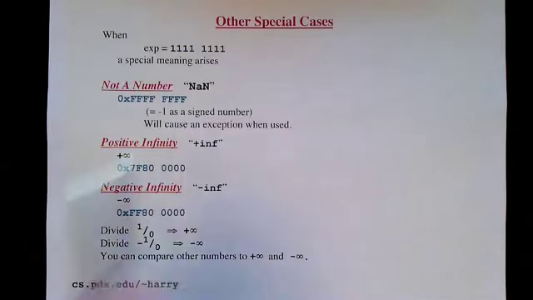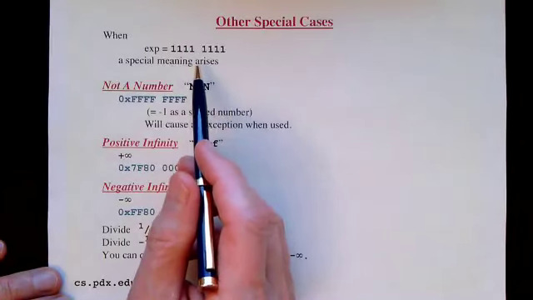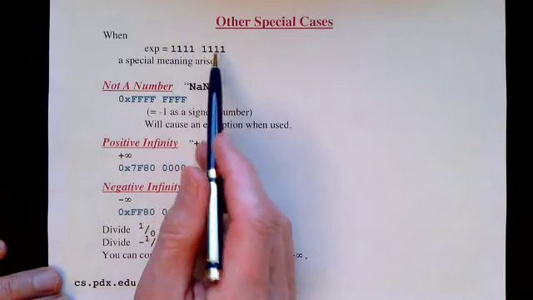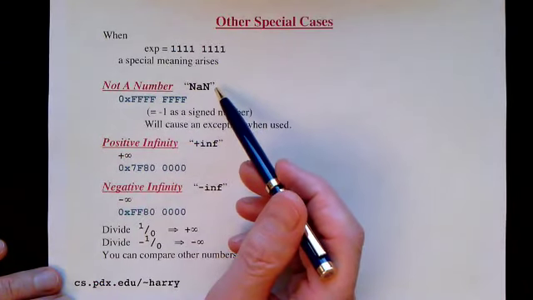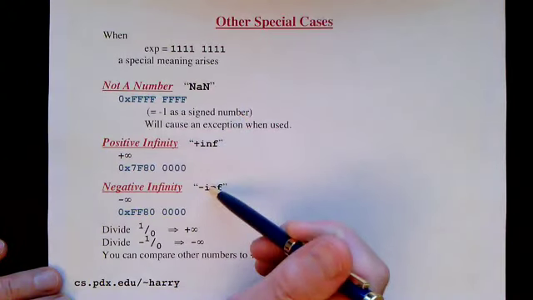I also said that when the exponent field is all ones, it was another special case. So when the exponent field is all ones, we can have several different possibilities. We can have not a number, or positive infinity, or negative infinity.